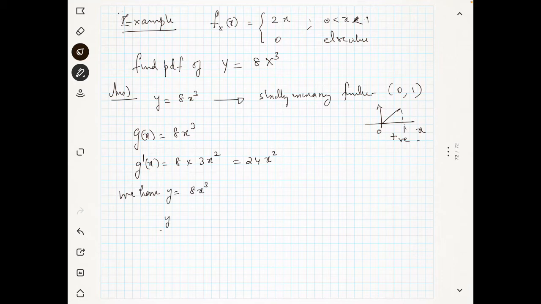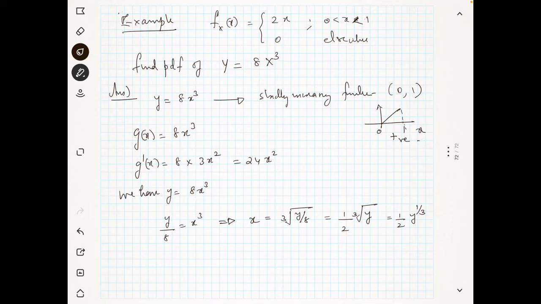y by 8 is nothing but x cube, which implies x is equal to the cube root of y by 8. It is nothing but 1 by 2 into the cube root of y, or I can say it is equal to 1 by 2 into y power 1 by 3. So this is my x.